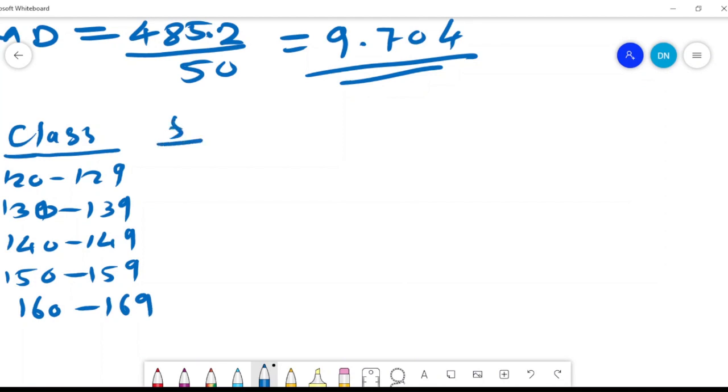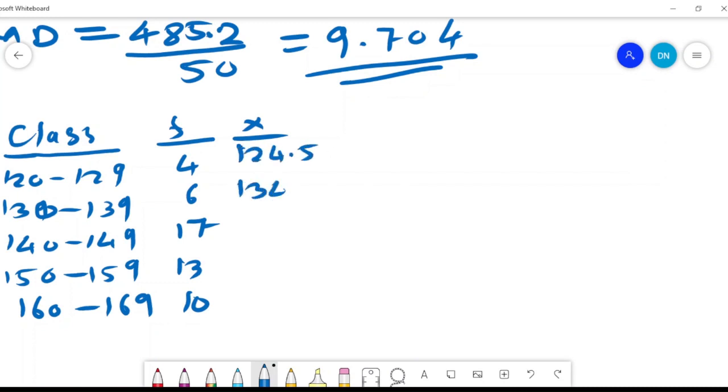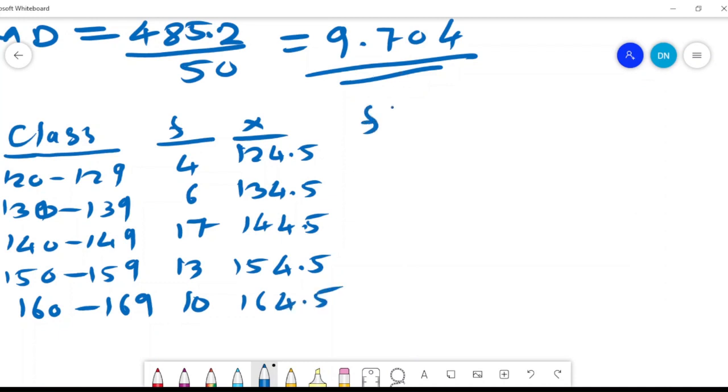We have the frequencies as 4, 6, 17, 13, and 10, and the midpoints we have are 124.5, 134.5, then we have 144.5, and 164.5.